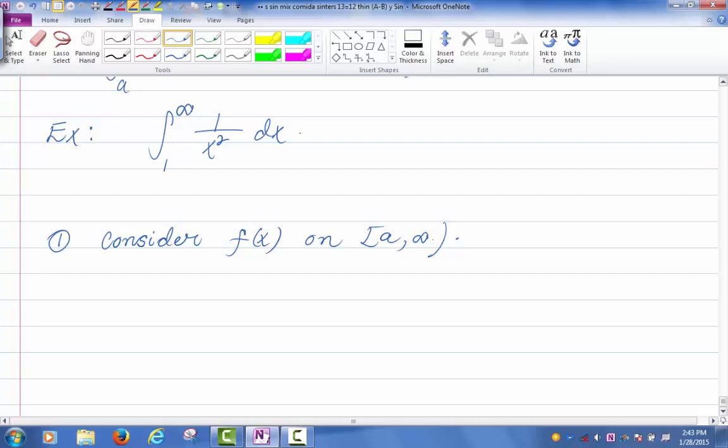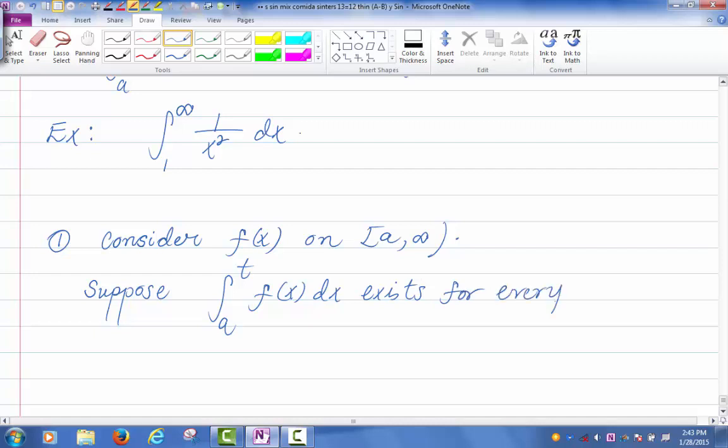And we are going to suppose that the integral from a to t of f of x dx exists for every t larger or equal to a. Make sense?